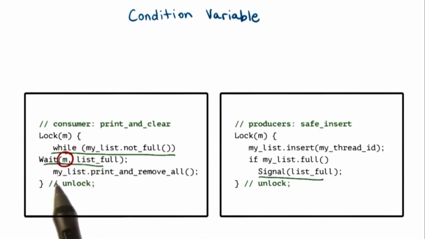At that point, the consumer has the mutex, it's allowed to modify the list, so to print its contents and remove its contents, and then the consumer will reach this curly bracket, this unlock operation, and at that point the mutex will indeed be released.